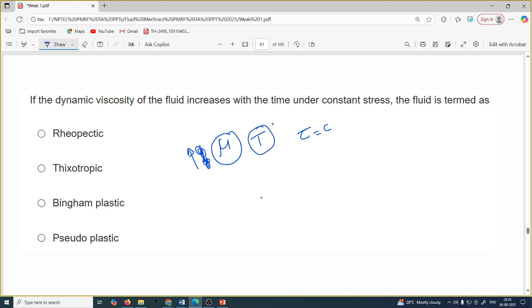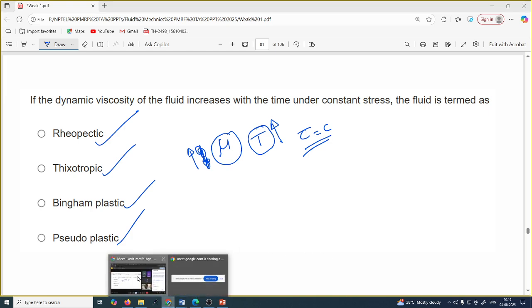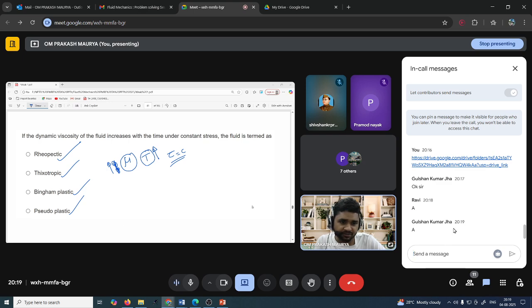So any fluid under the condition of constant shear stress, as time increases and viscosity increases, is known as rheopectic, thixotropic, Bingham plastic, or pseudoplastic. This is the question. Ravi, Gulshan and Pramod are all telling A.